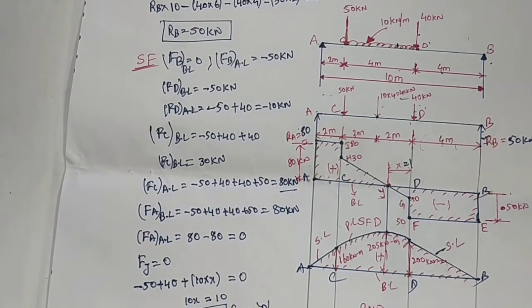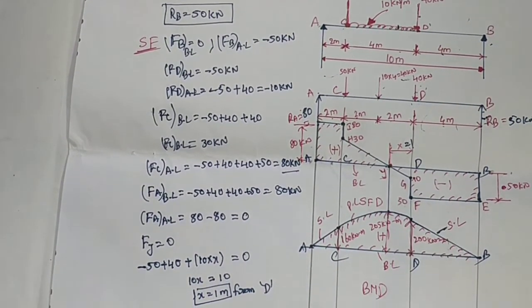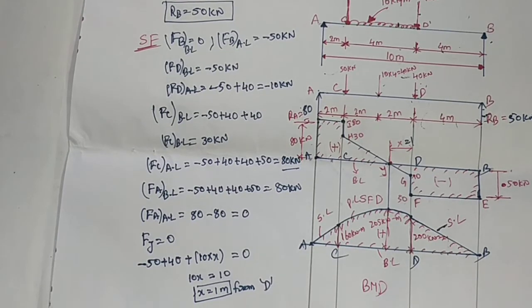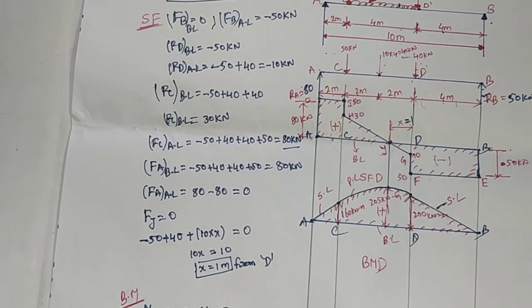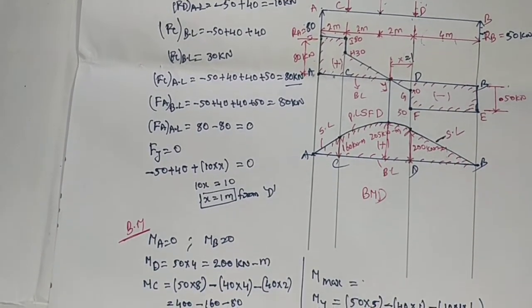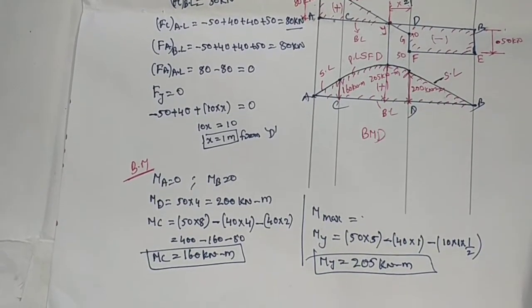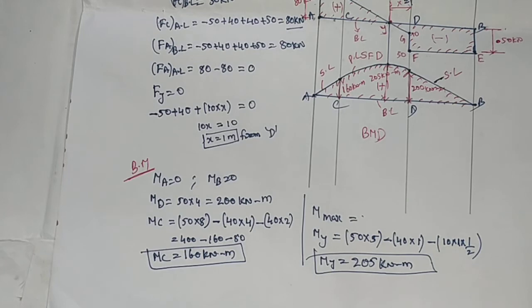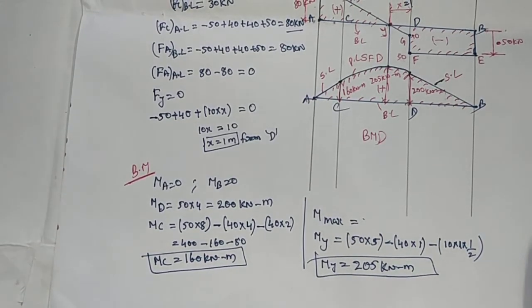At one point the shear force is 0. We calculated that point's distance from the nearer support. At that point the bending moment is maximum, so we need to calculate the maximum bending moment at that point. Next we calculated bending moment at A, B, C, D and where shear force is 0. Based on those values we drew the variation of bending moment.